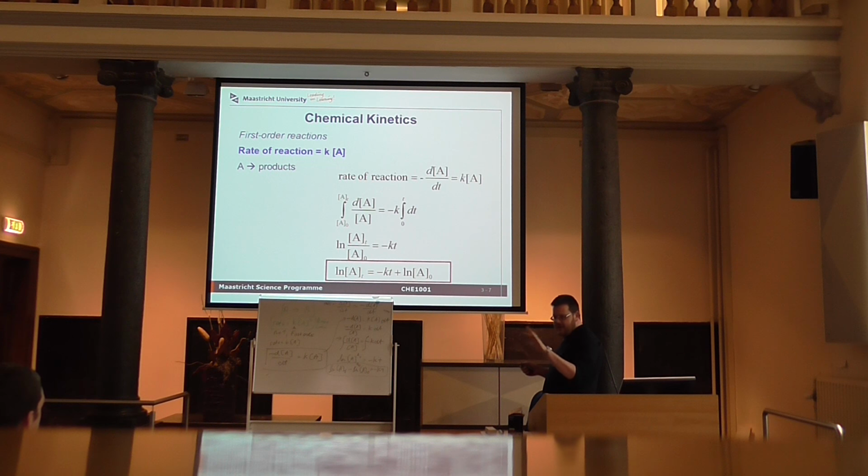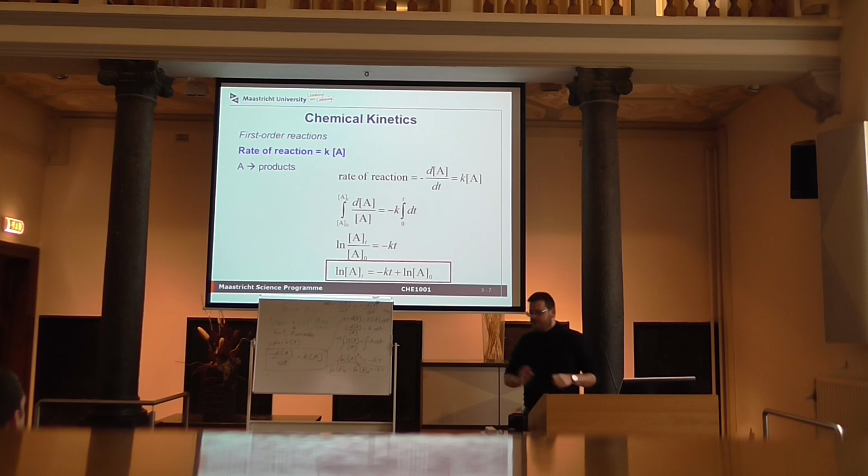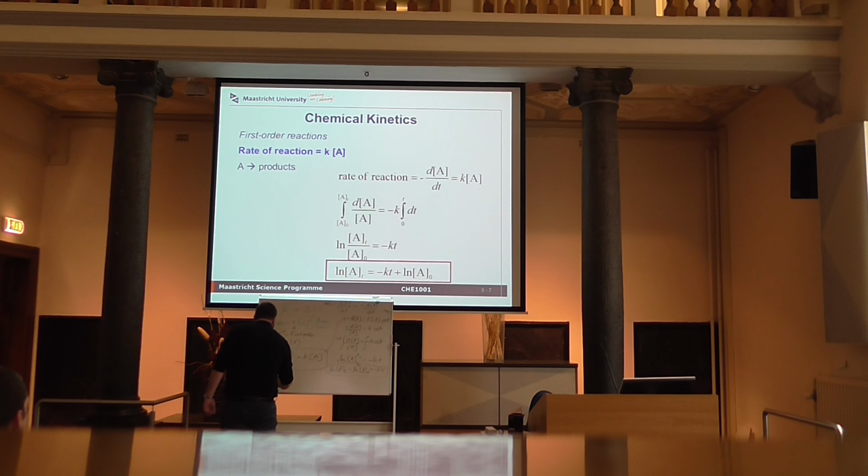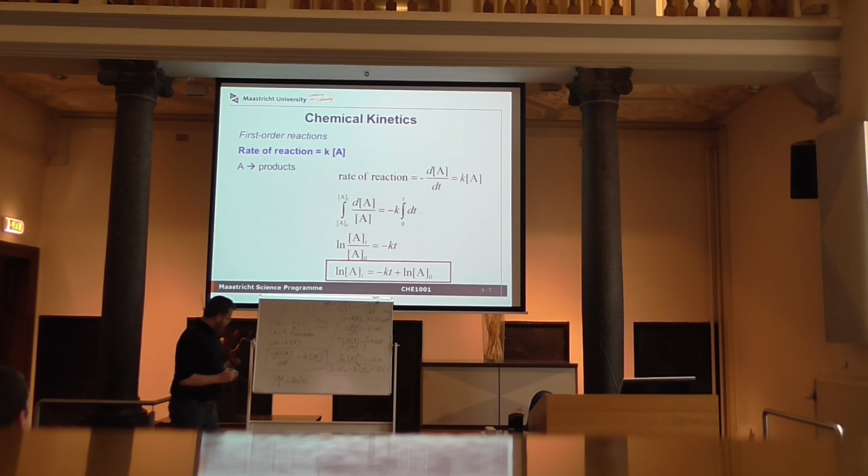Now, I think the only difficulty here, if you haven't done calculus, is going from here to here. And to go from here to here, one needs to simply know from calculus that the integral of dx over x is the natural log of x. That's just a result from calculus, right?